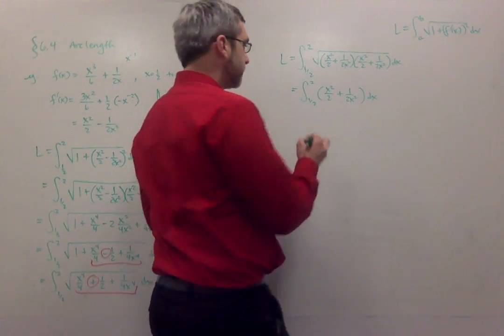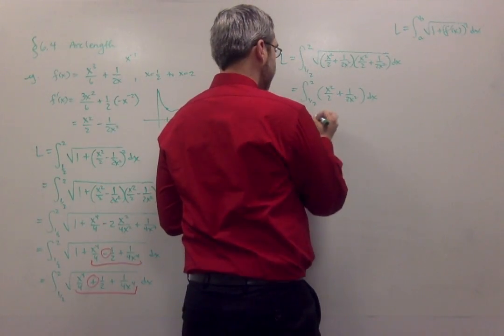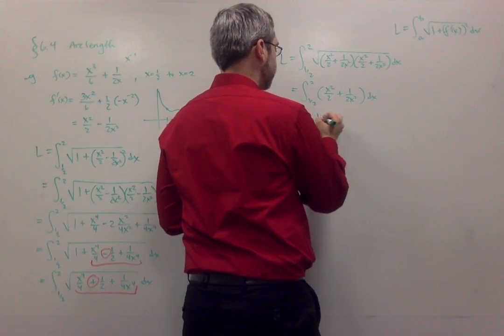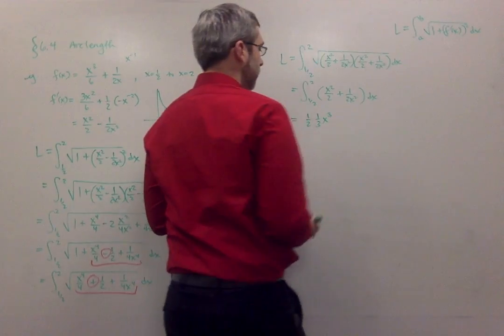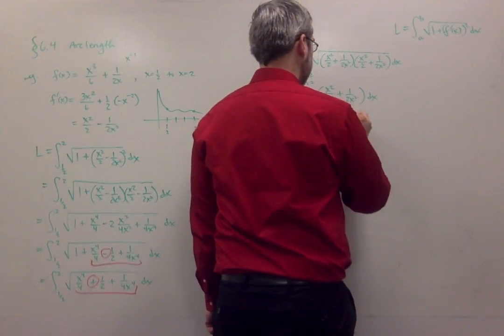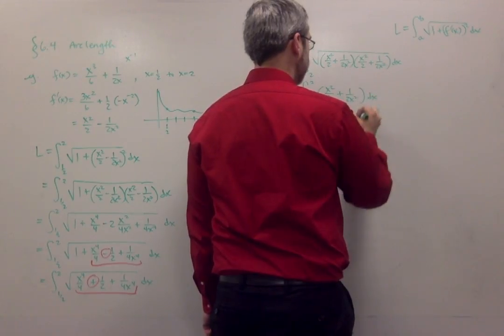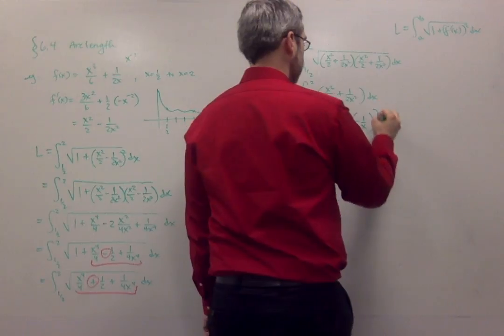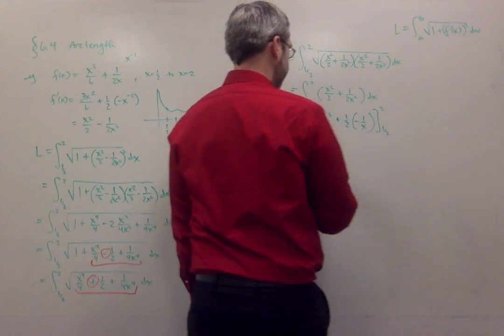That means that now we can do this integral. So we've got 1/2 times x cubed over 3 for the integral of x squared, plus 1/2 times the integral of x to the minus 2, which is negative x to the minus 1, from 1/2 to 2.